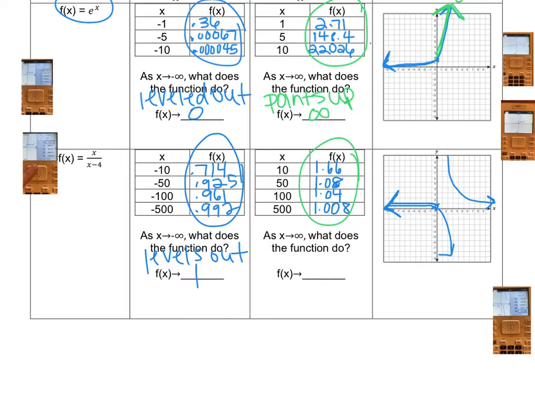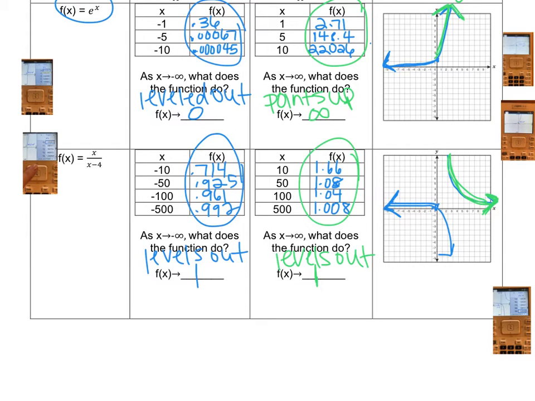Now let's look at the right side. 1.66, 1.08, 1.04, and then 1.008. So on the right side, this one also leveled out as well. And my y values, or f of x values, also were approaching 1 as well.